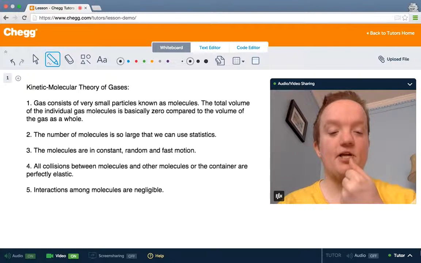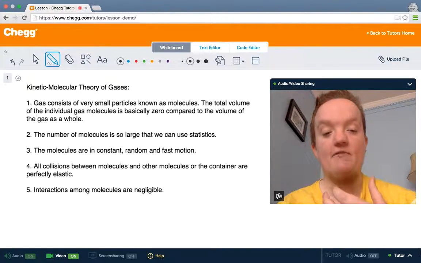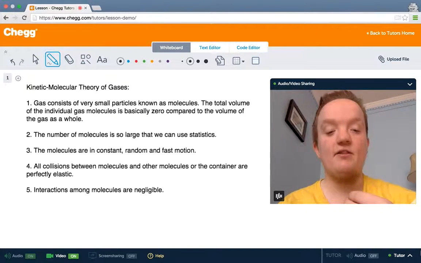So there is an extremely large distance between gas molecules compared to the size of the gas molecules. Again, we want to think of compared to the size because there's not actually a large distance. We might have a volume of a liter in a mole of gas molecules, but we do want to keep in mind that molecules are very, very tiny things.